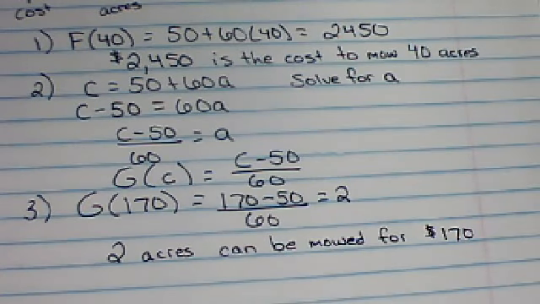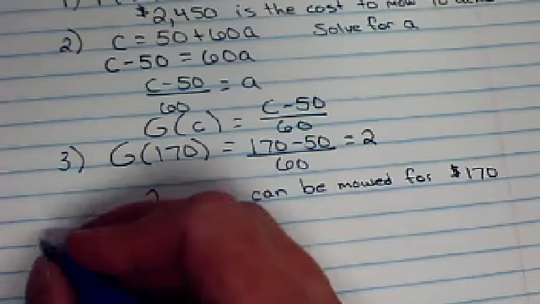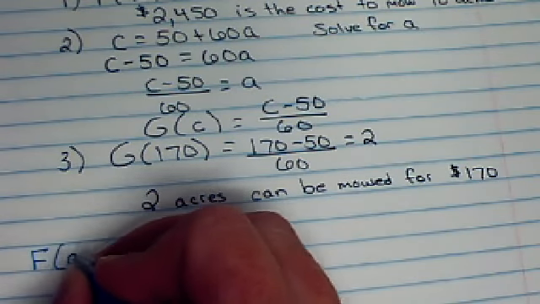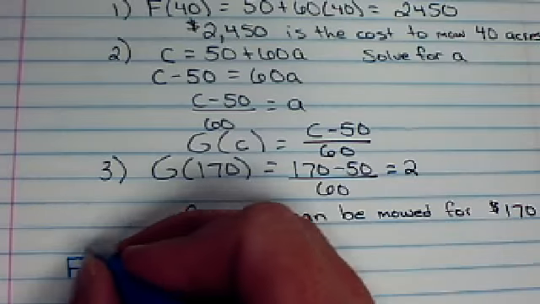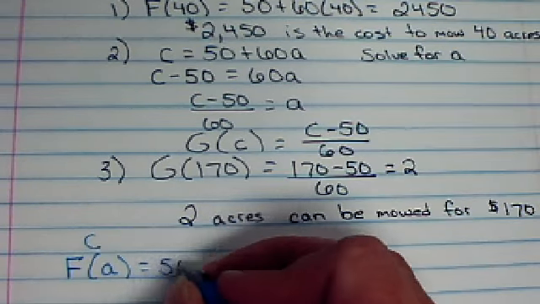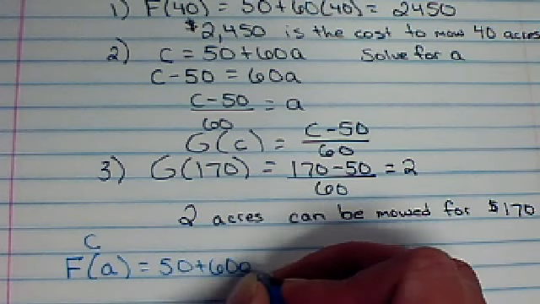Now let's go back on each of these and talk about what the units of the domain and range are. So I'm going to rewrite each of these functions. The first one, f of a, which was another name for our cost, right, was 50 plus 60a.